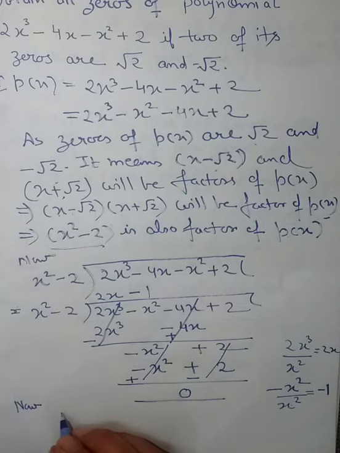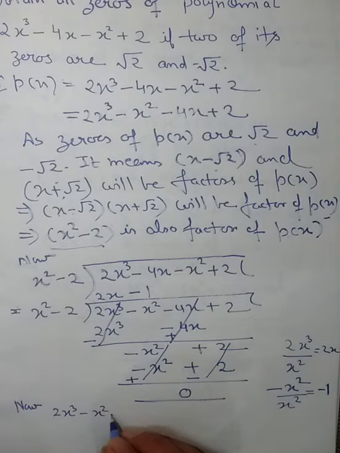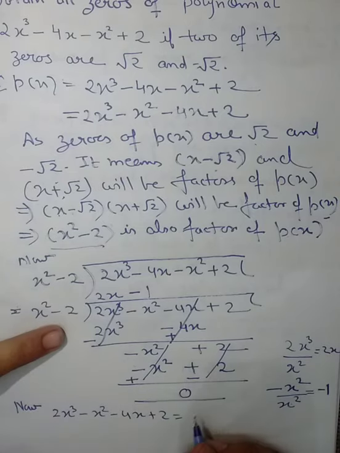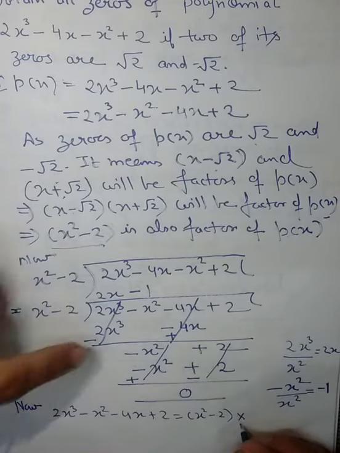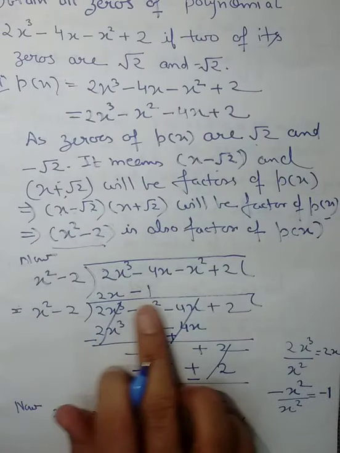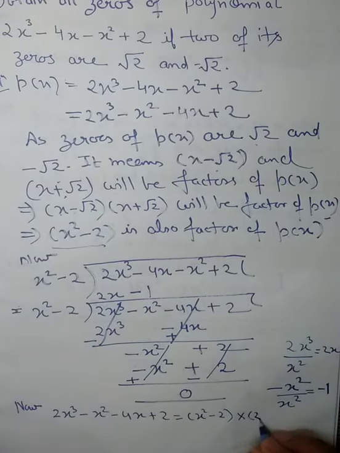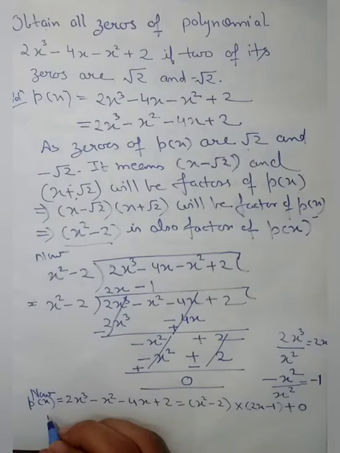Now it can be written as 2x cube minus x square minus 4x plus 2. This is the dividend. Dividend is equal to divisor, x square minus 2, multiplied by quotient. Quotient is 2x minus 1 plus remainder 0.